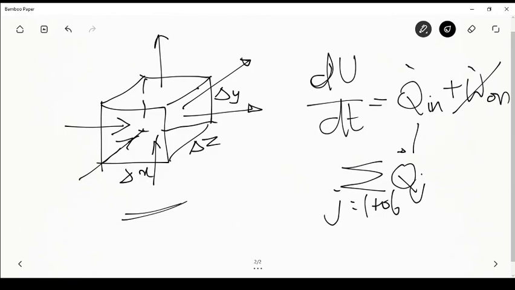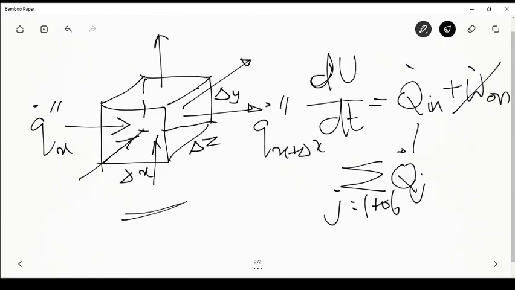And what are the 6 flux terms that you would have? Suppose I call this q dot double prime x, which is the heat flux in the x direction, and q dot double prime x plus delta x, which is the heat flux in the x direction, but on the other face at x plus delta x.